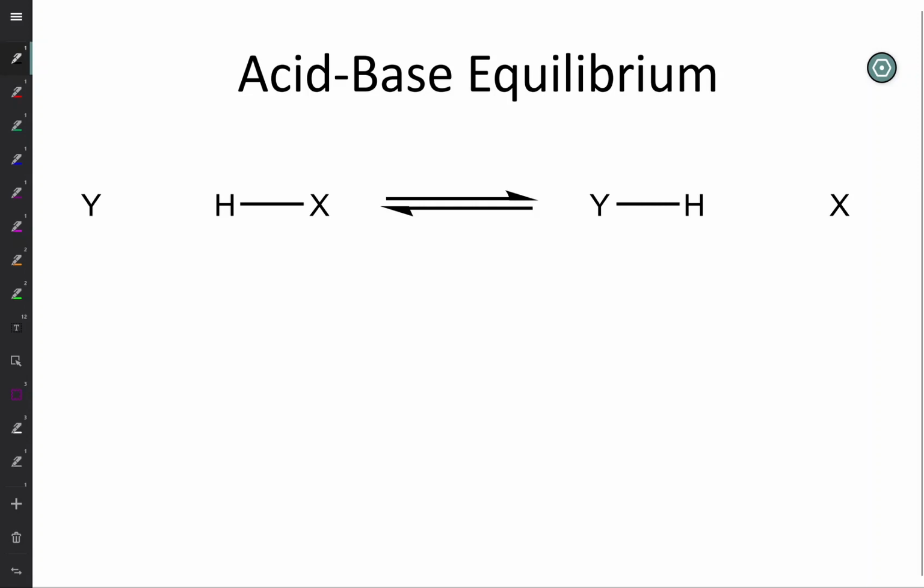So in general, an equilibrium is what gets established when you have a reaction that can go in two directions. It can go forward or backward. Equilibrium is when the forward reaction and the reverse reaction are happening at the same rate, so that all the concentrations of everything stay the same.